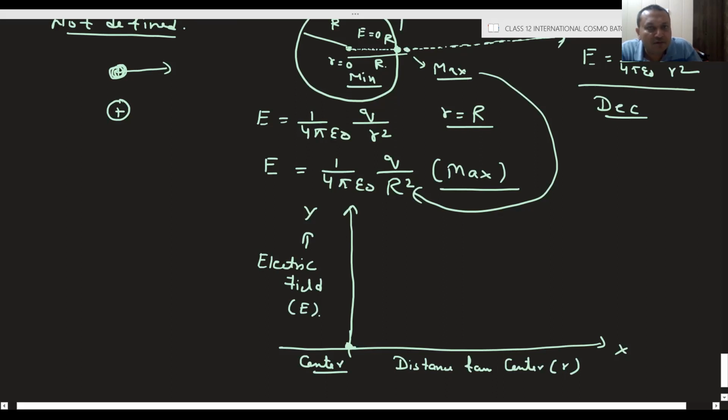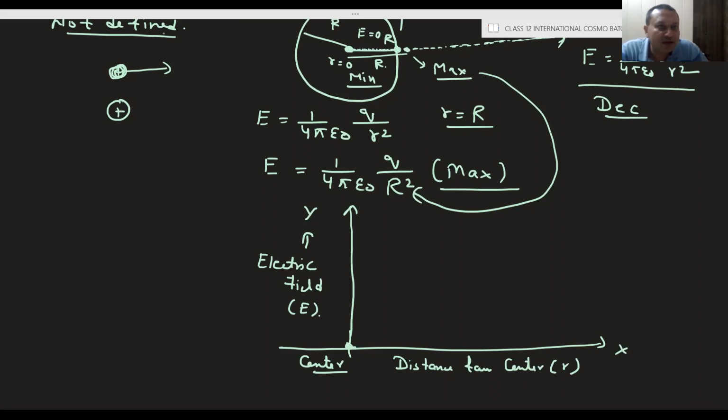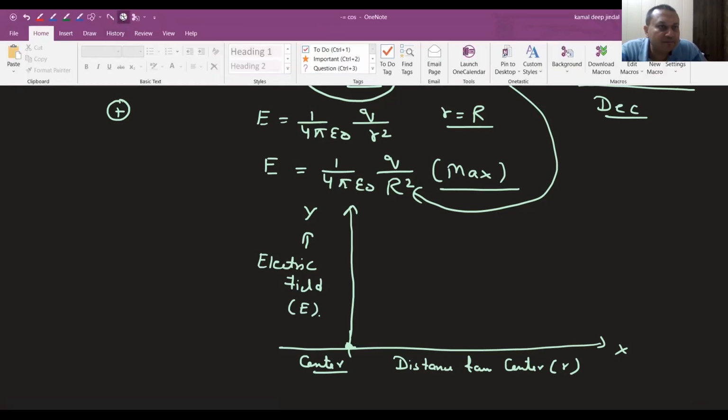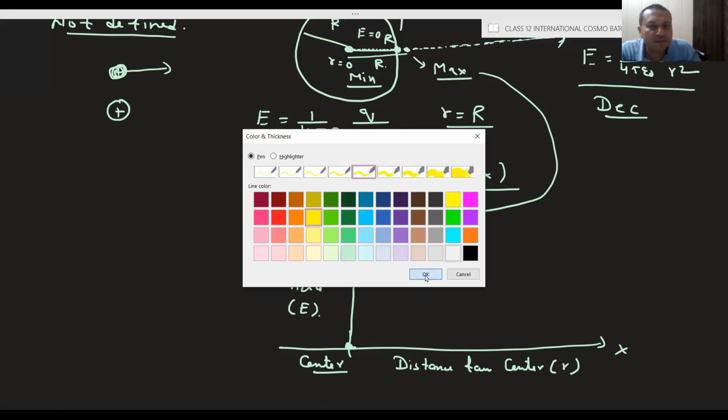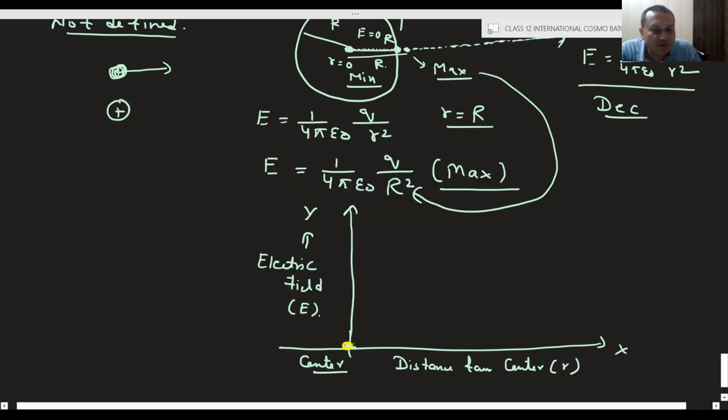Then you move from the center toward the surface. This is the surface point, the next point to the surface, and at this point electric field becomes maximum. Its value is k q by R square.